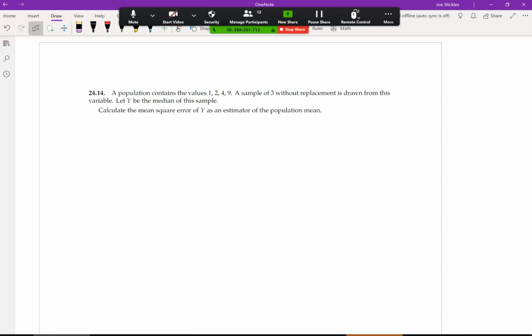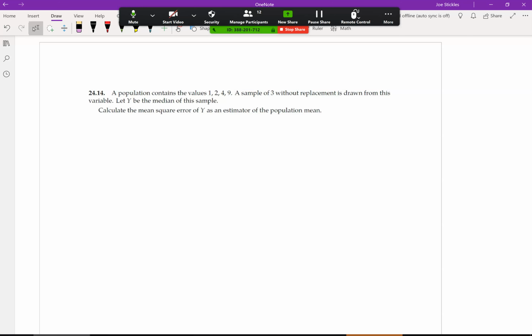All right. So it asks us to calculate the mean square error as an estimator. That means we have to figure out both the bias and the variance of the median of the sample. Well, let's think about what our possibilities are for the sample in general.